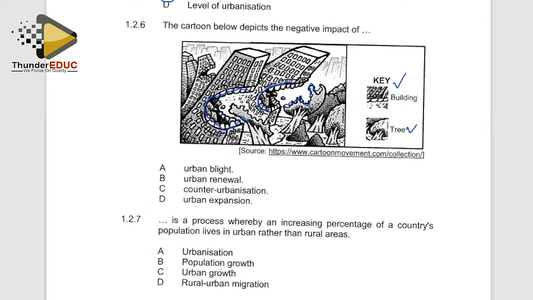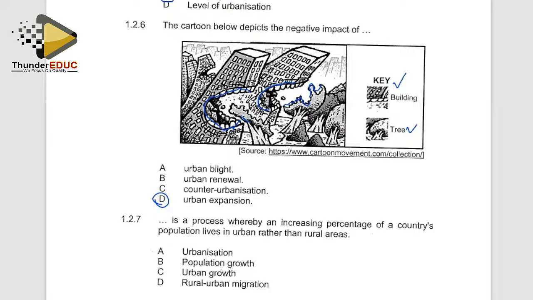It means the built up area is advancing towards an area which is naturally vegetated. So that is a typical example of urban expansion, the physical growth of urban areas. The urban area is growing and eating up into the natural environment. The buildings as portrayed there are encroaching into an area which was once a rural area or farmland.